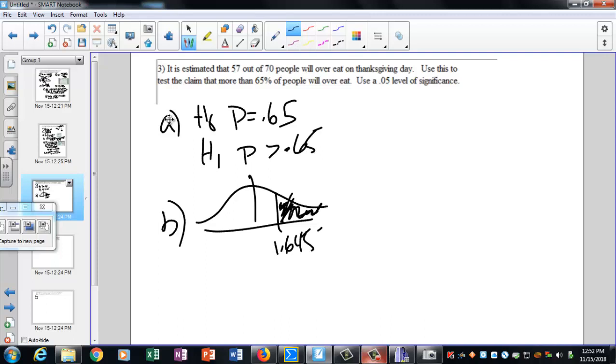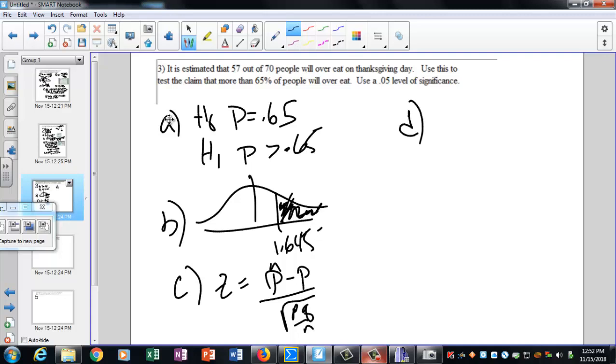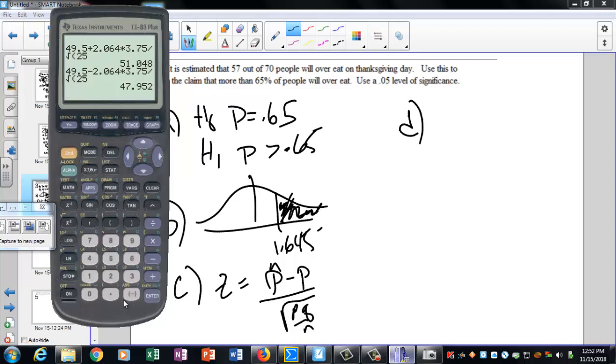Yes. Part C, you got to know the formula. Z equals p hat minus p over the square root of pq over n. Okay. I don't know what p hat is, but I do know that this knows. So 57 divided by 80.